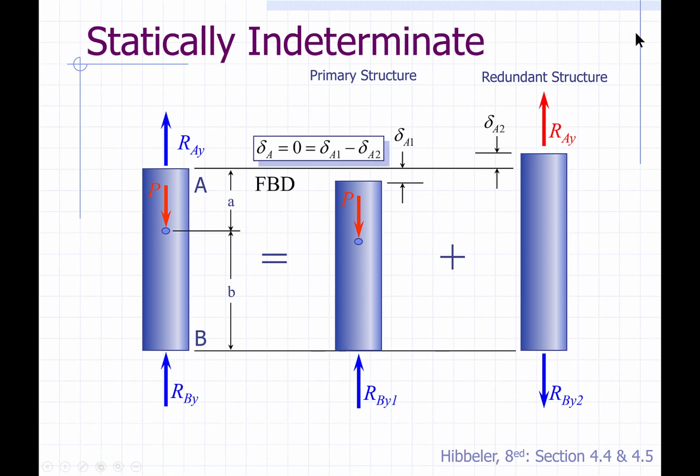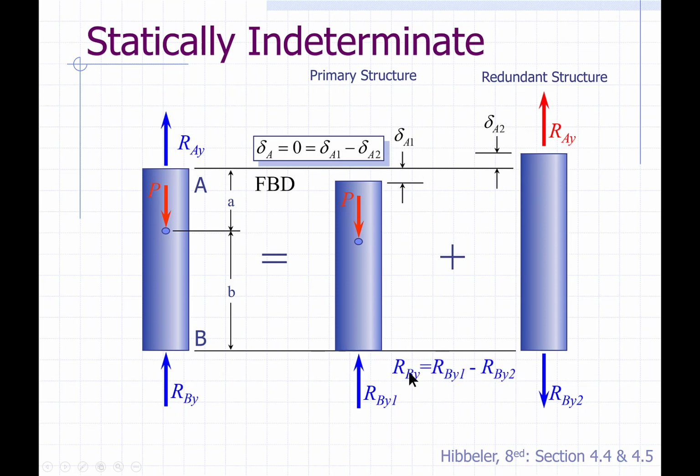So in this case, we can look at the displacement A1 and know that it has to sum with the displacement A2 to equal the displacement at A. And because at A it was constrained and not allowed to displace, it also has to equal 0. So we come up with the compatibility equation: delta A is equal to 0, which is equal to the sum of delta A1 and delta A2, shown negative here because they're in two different directions.